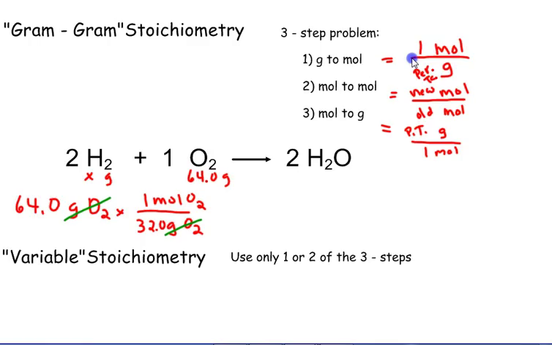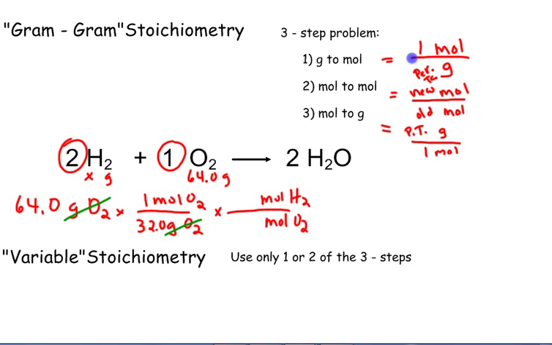So now that we are in moles of O2, now we can use the coefficients, which represent a mole ratio, to convert from moles of O2 to moles of hydrogen. So the middle fraction, we'll put moles of O2 in the denominator, so it will cancel, and moles of H2 in the numerator, because that's what we have to convert to hydrogen.